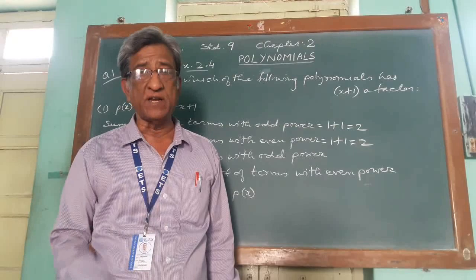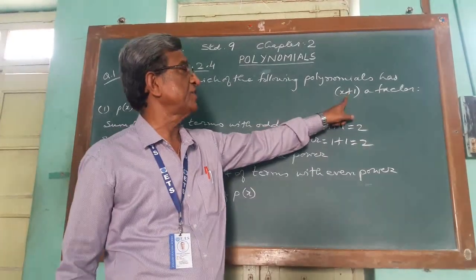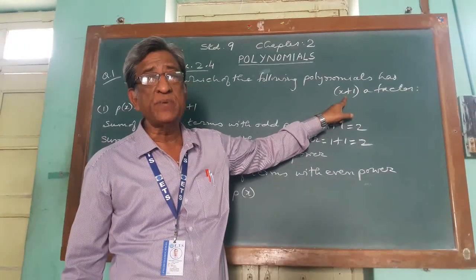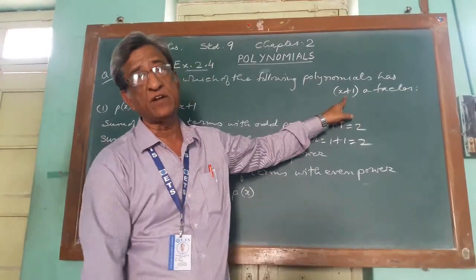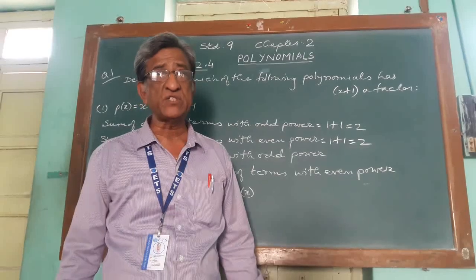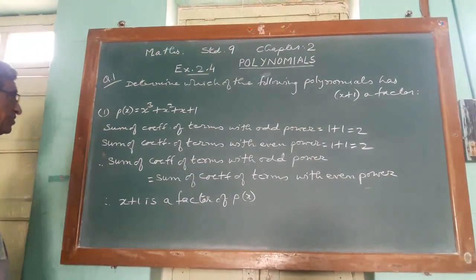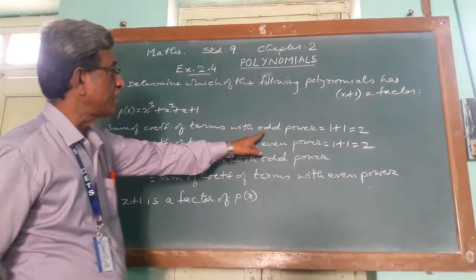If both are equal, then x plus 1 is a factor. If they are not equal, then x plus 1 is not a factor of p(x). So let us check for example 1. So here the terms with odd power.